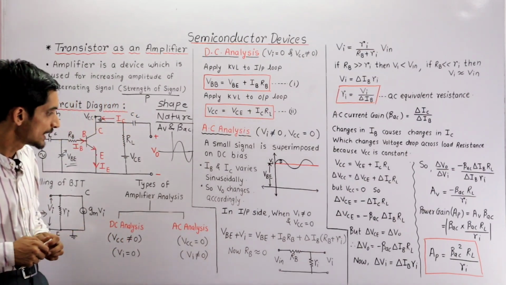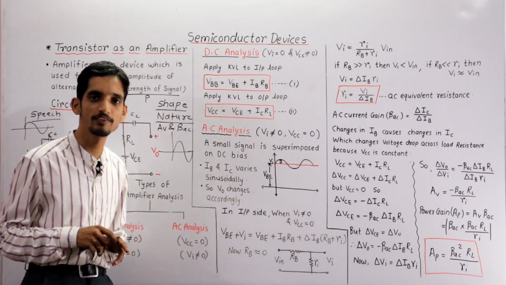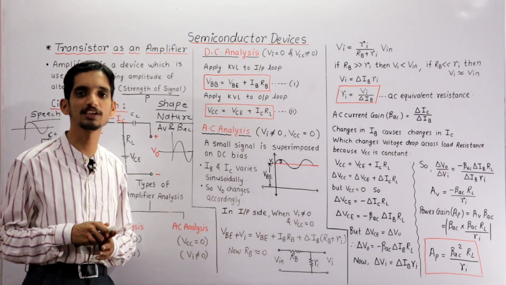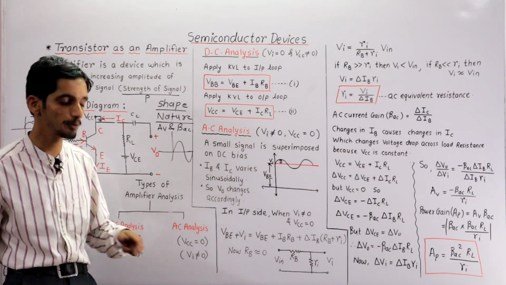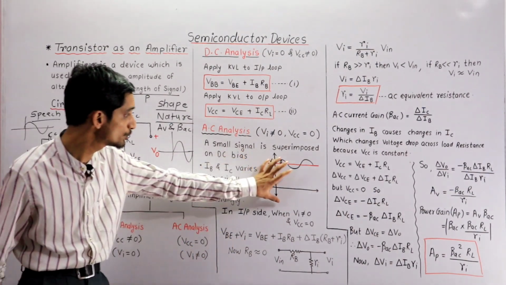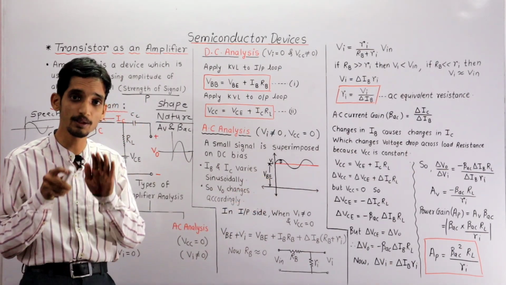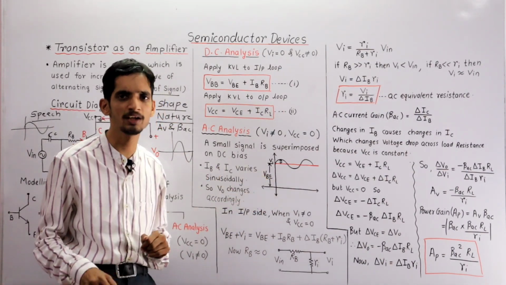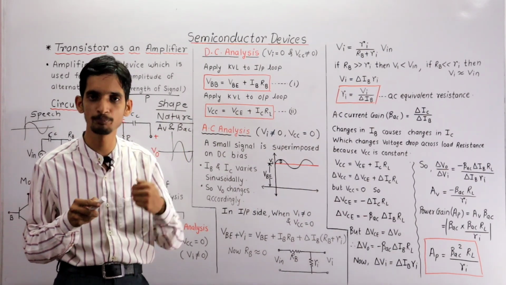Okay. Now, again, we are doing some analysis. Consider the input side where Vi is not equal to 0 and VCC is equal to 0. This is VBE plus Vi. Why VBE plus Vi? Because now there are two voltages present. Another important point: why is this VBE required if we are going to apply the input?